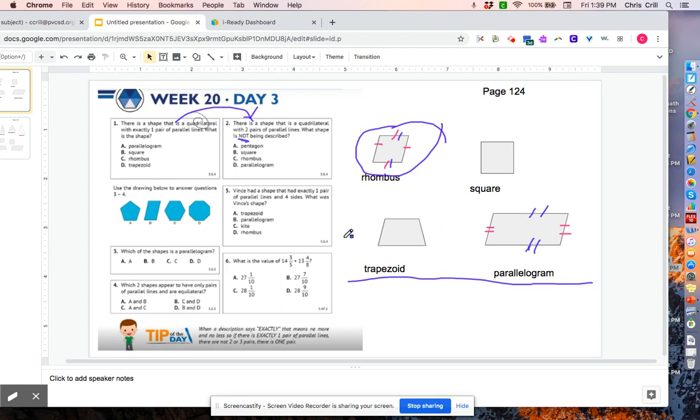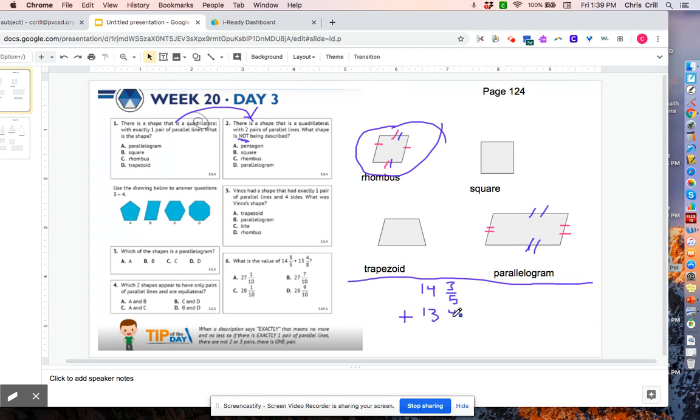Number 6. What is the value of 14 and 3/5 plus 13 and 4/8? Remember when we did this earlier in the year, I had said to you that you should stack your mixed numbers when you're adding them and subtracting them, much like you do in an addition algorithm.